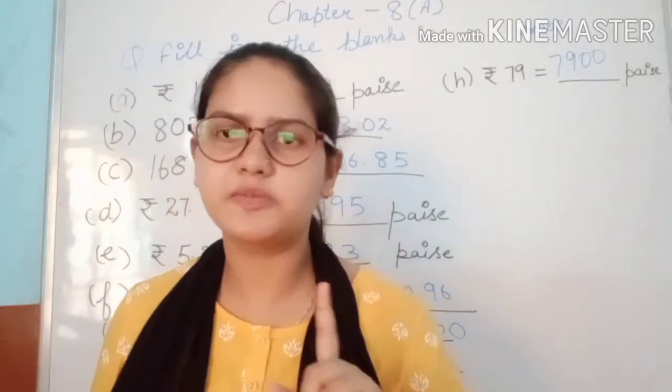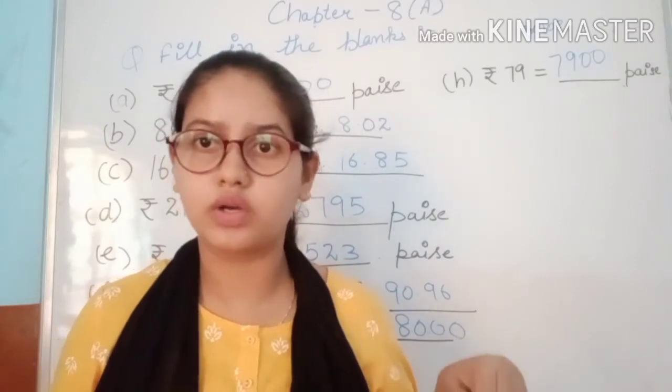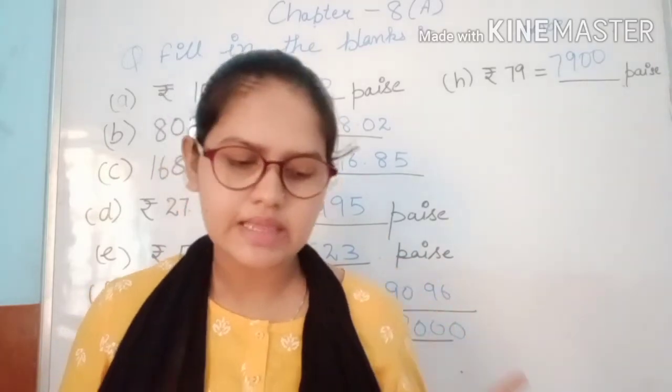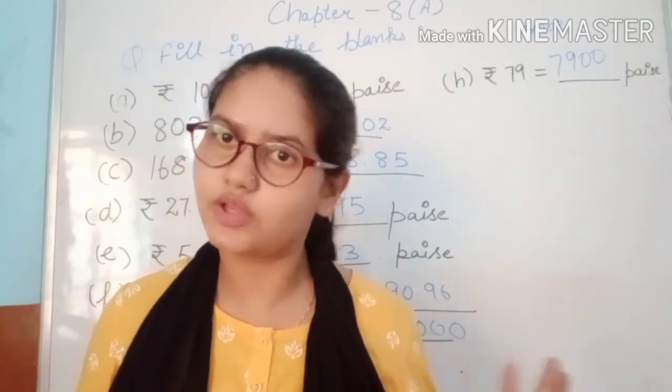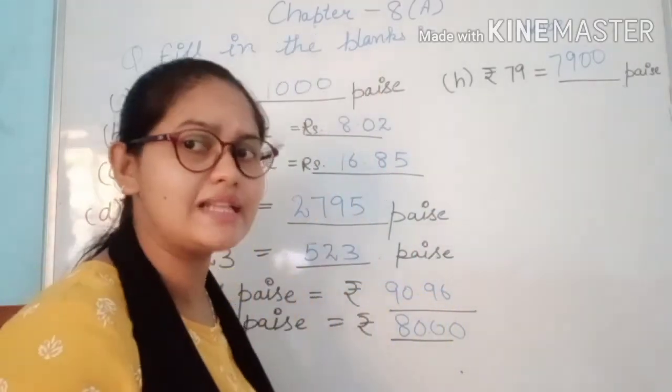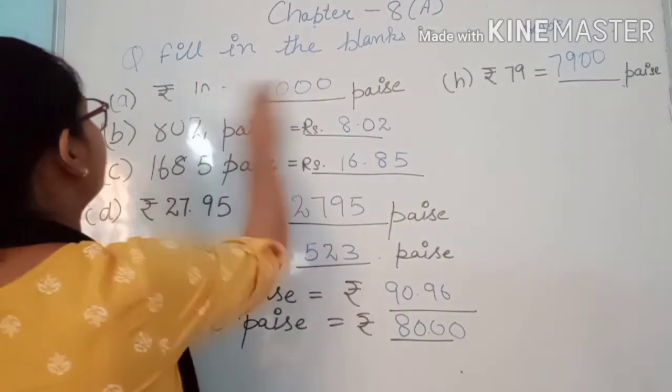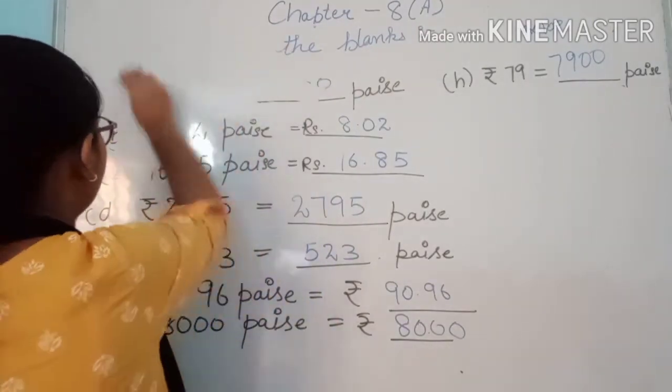We will do only the first part because we have to do in our book that portion only. The second and third portion we will do in the next class. Okay students. So let's start the next one. So I'm going to rub this one firstly.